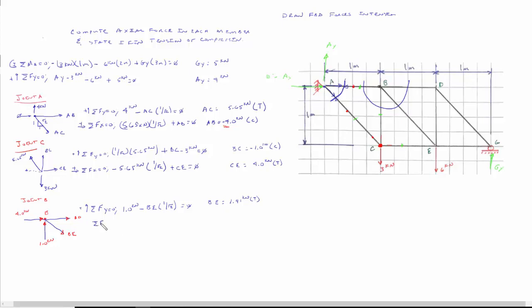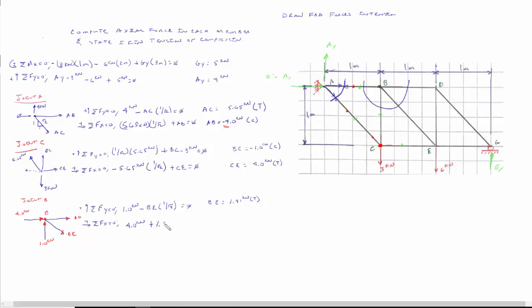Sum my forces in the x direction, and that's going to be 4 kilonewtons. That's going to be positive. I've got plus, now I've got to look at BE. I just solved for that. That stayed in tension, so it's still going out, so its x component is still positive.